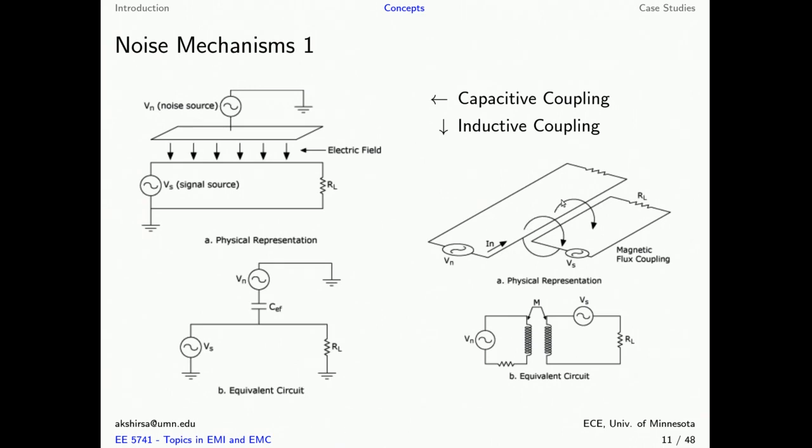Depending on the amount of field that couples into this, we are going to have a voltage induced, and that voltage adds to the voltage that we are trying to send across, which is Vs. So the load resistance RL will see not only Vs, which was intended, but a part of Vn, which was the unintended or noise component. The equivalent circuit looks something like this, and based on the amount of coupling, the orientation of these two coils, the distance between them, etc., we can find out M, which is the coefficient of mutual coupling between these two coils.